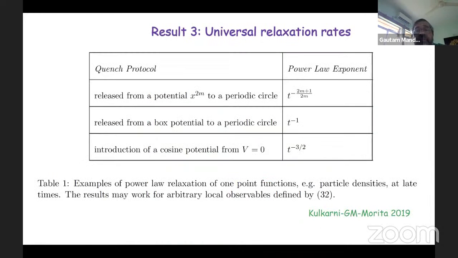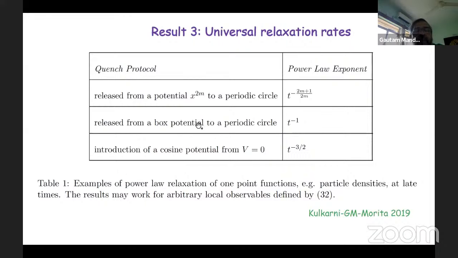The other result that we have, and we don't have time for that, is that you apply this method to also talk about relaxation rates. In the specific case when the potential was x to the power 2m, that kind of potential, to a free particle in a periodic box, it goes as a power law. So it's some particular power law depending on that m.